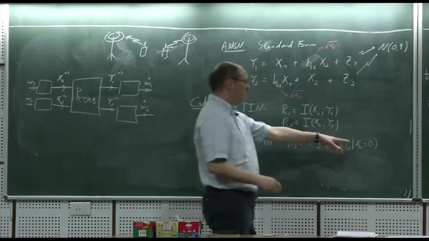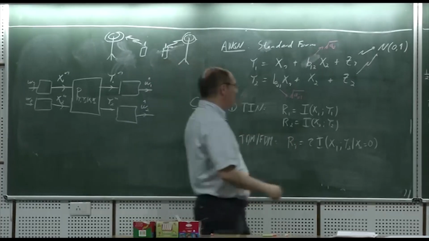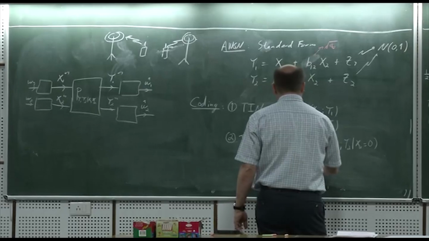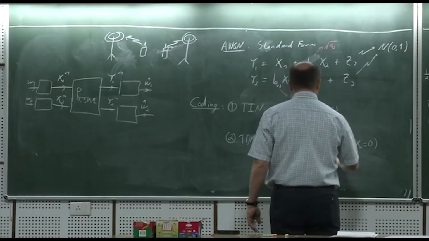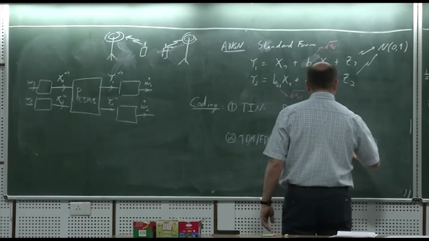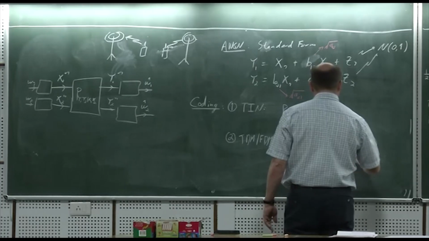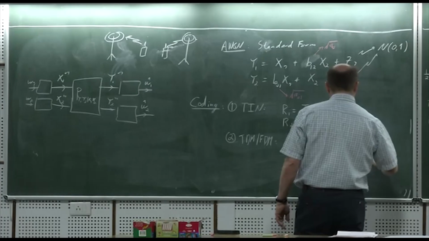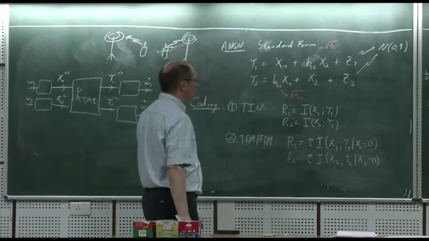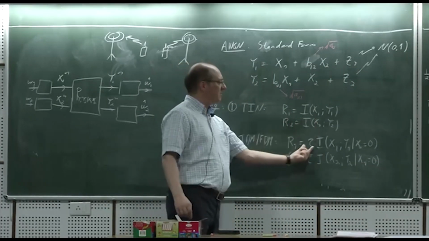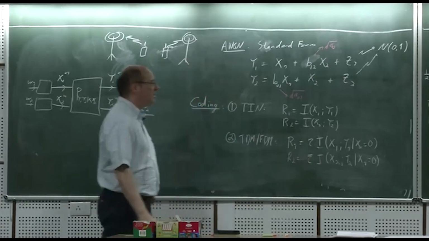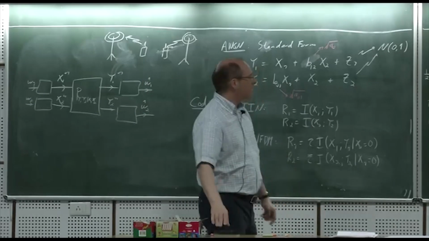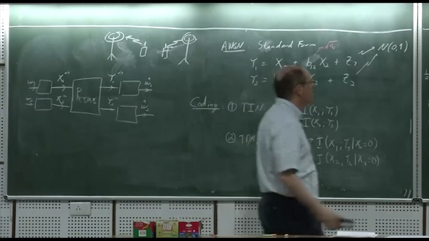But you would optimize that value for general broadcast channels, and R2 is tau bar times I of x2, y2 given x1 equals 0. And for the Gaussian case, of course, we can boost the power by a factor of 1 over tau in the first time slot and by a factor of 1 over tau bar in the second time slot, and then we can optimize over the taus.